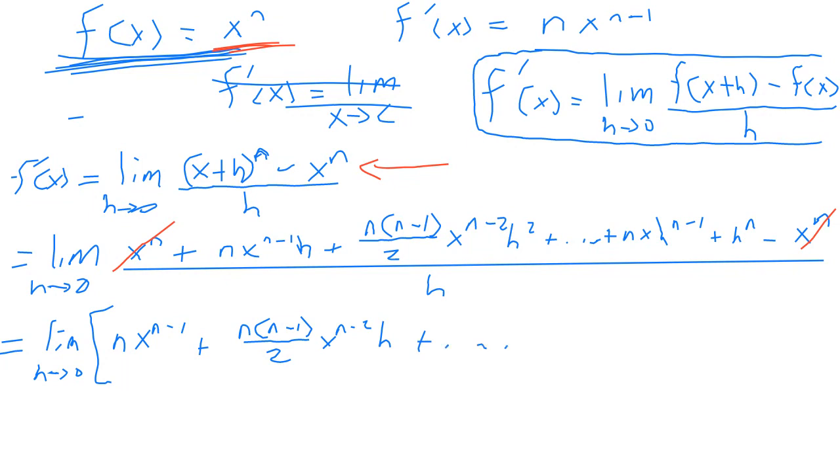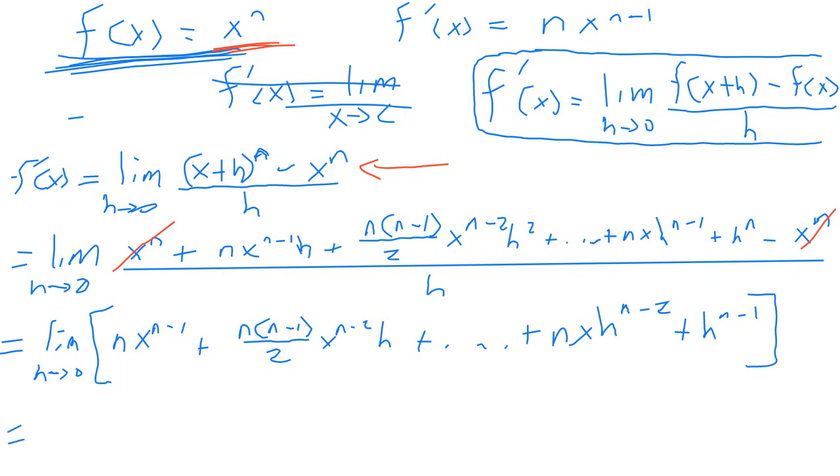Oh, by the way, the next term, someone asked about it, plus n x to the n minus 2, because I divided with one of the h's, plus h to the n minus 1, divided with the h again. That's it. Remember, divided out, so there's no h in the denominator.